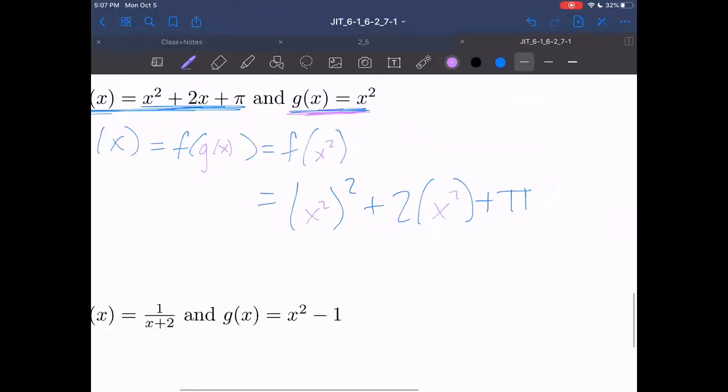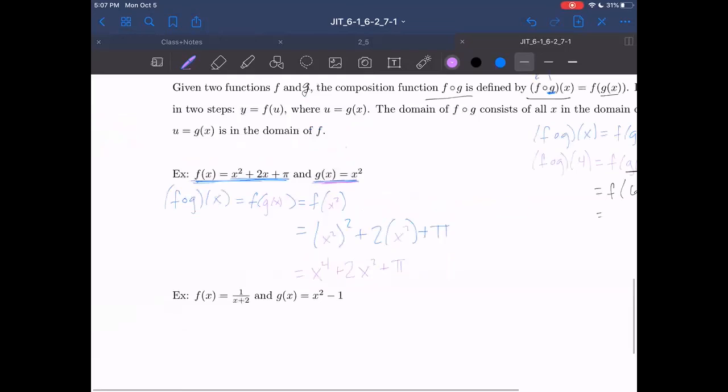Okay, and then I can simplify. So I get x to the 4th plus 2x squared plus pi. Okay, so we're done.